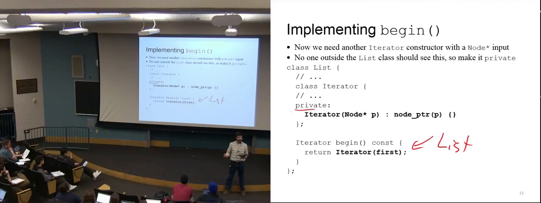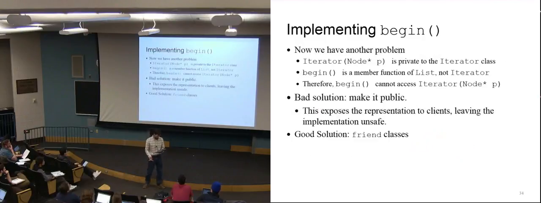Do you see how I'm in a catch-22? So the list needs to access the constructor, but it's private. We don't want other programmers outside the list to access it, so what do we do? We have a bad solution, which is to make it public, but then other programmers know about the node.